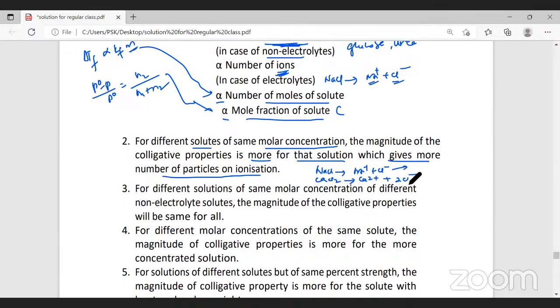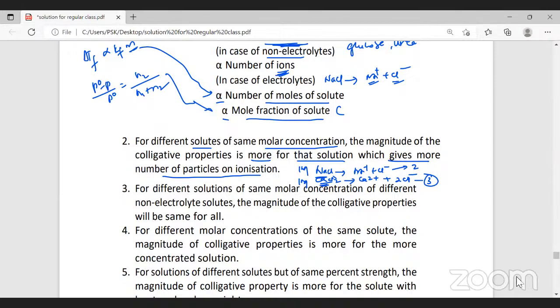In one case it is only 2 ions, but in the other it is 3 ions. So if I take 1 molar NaCl and 1 molar calcium chloride, the magnitude of the colligative property will be more for calcium chloride, because calcium chloride gives 3 ions and sodium chloride gives only 2.